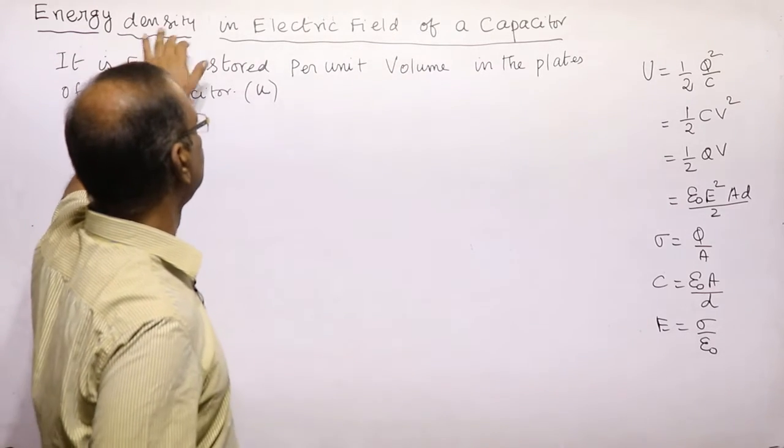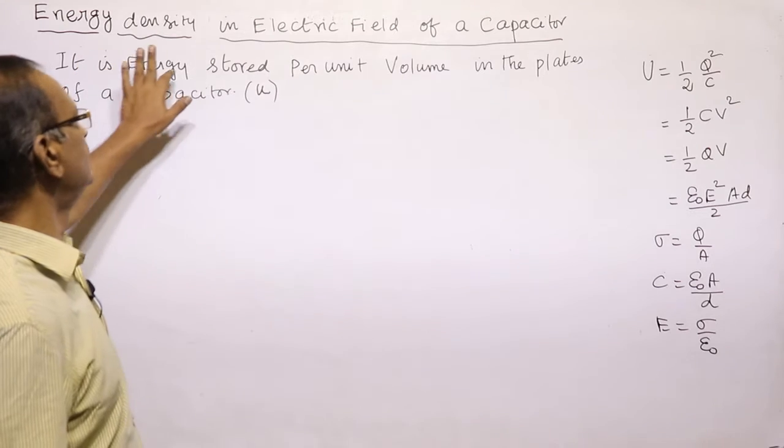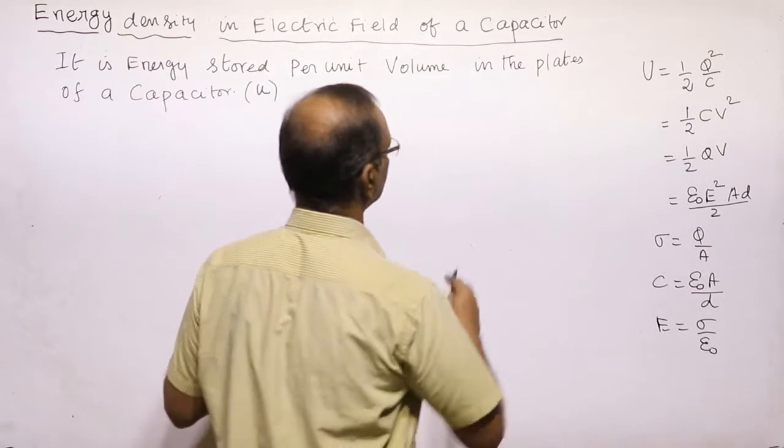Now, energy density in the electric field of a capacitor. It is the energy stored in a capacitor per unit volume. It is denoted by a small u.